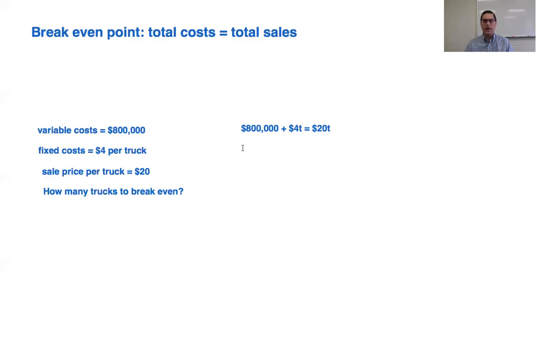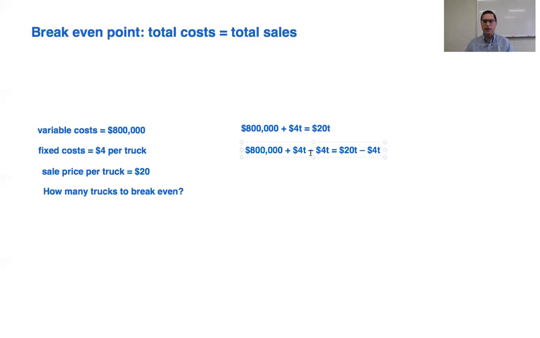So let's do some algebra here. We can subtract 4T from both sides. So 800,000 plus 4T minus 4T equals 20T minus 4T.